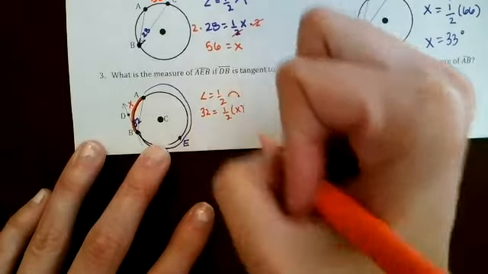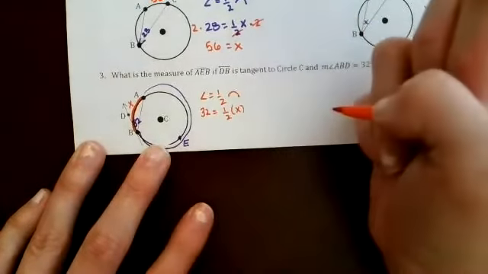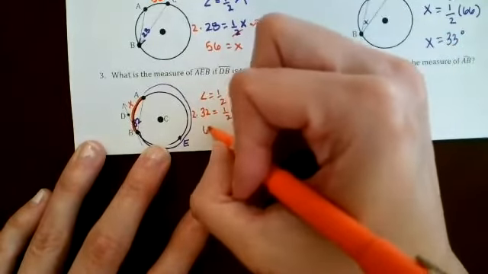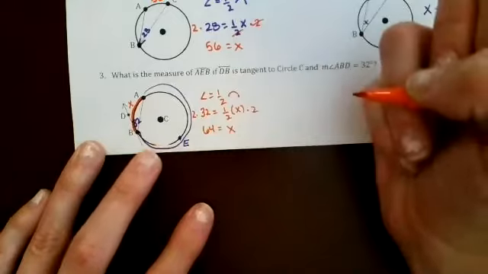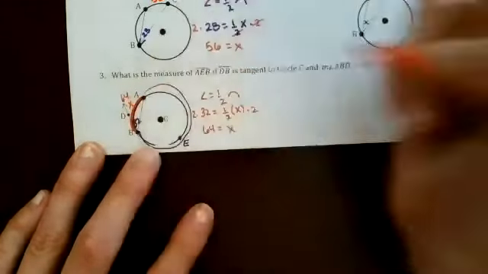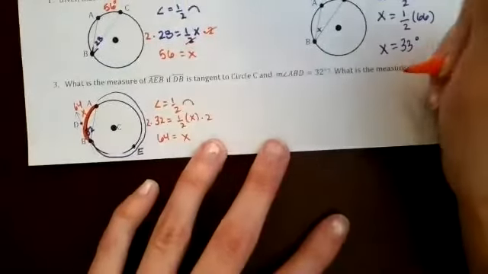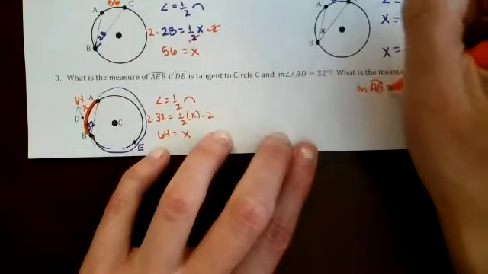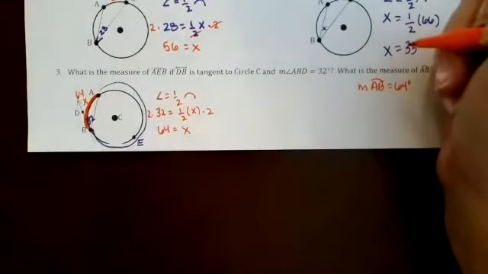I don't know what my arc is. So I'm going to solve by multiplying both sides by 2. And I get 64 is x. So this arc here is 64. That answers my second question. The measure of AB is 64.